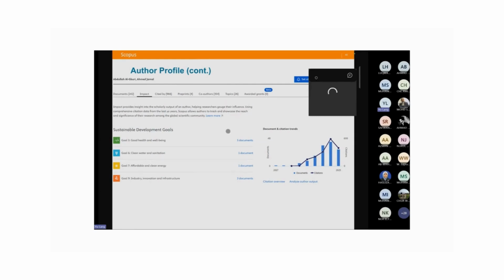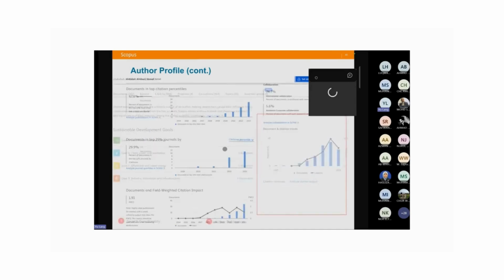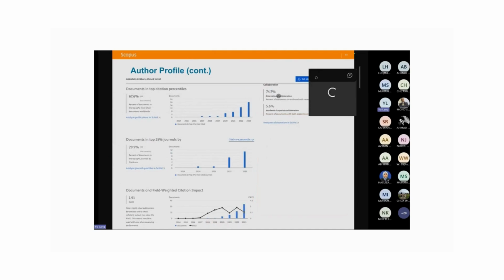And also when you scroll down, you will find the impact, like the collaborations, international collaborations, academic-corporate collaborations. All these will be taken into evaluation by those THE and QS World University Rankings. This is also by documents in the top citation percentile, in the top 25% journals.